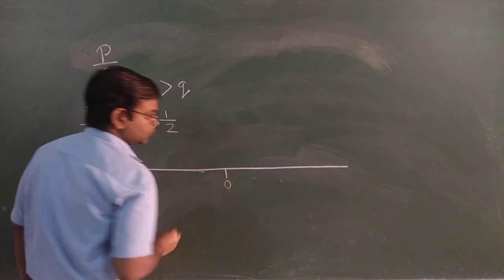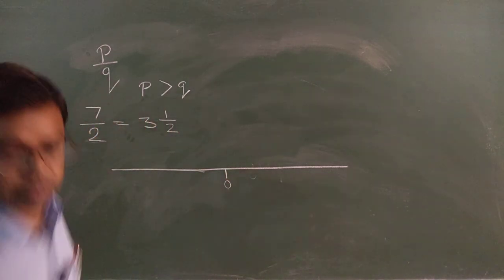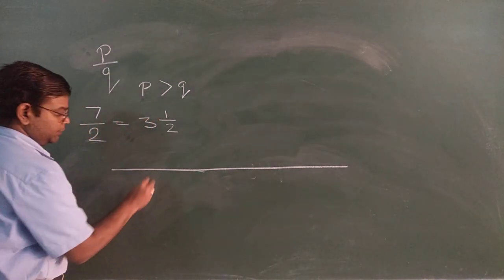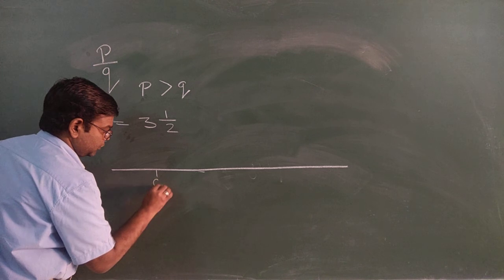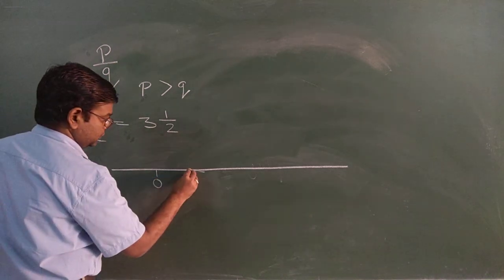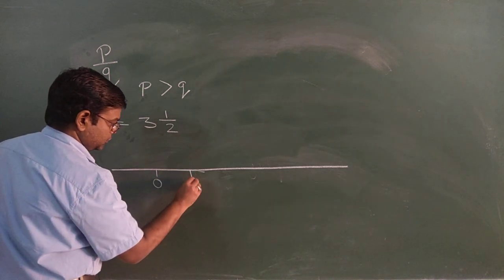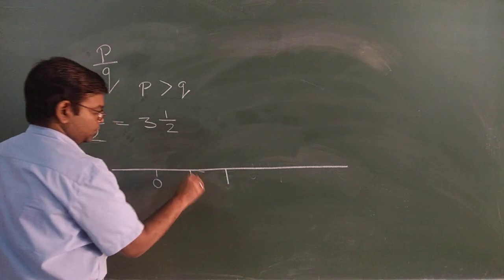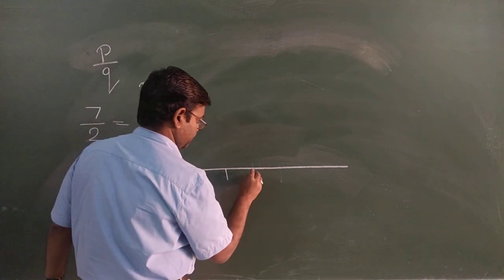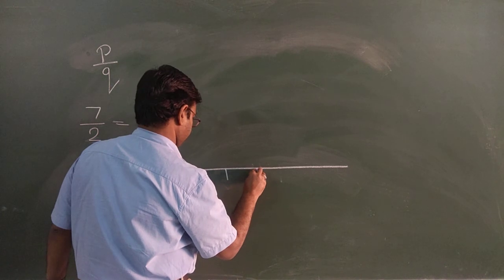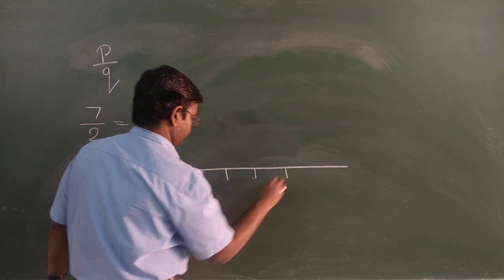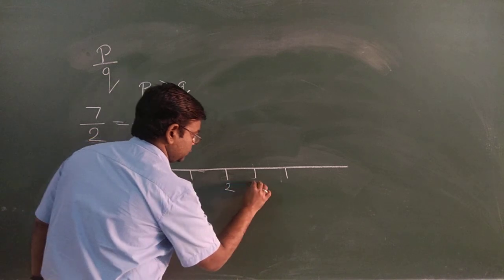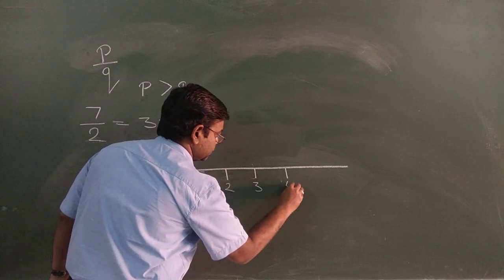Mark 0. You can shift 0 accordingly so that you can easily plot the numbers. It's 1, 2, 3, 4.